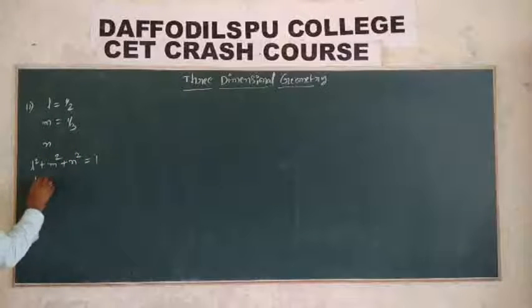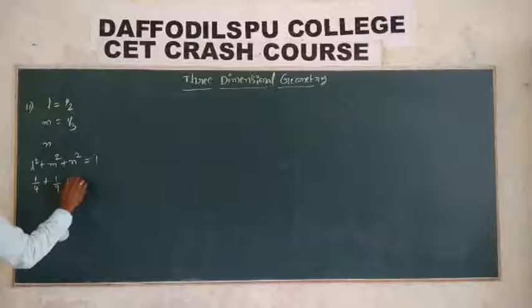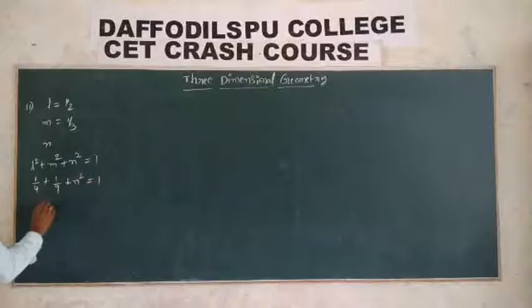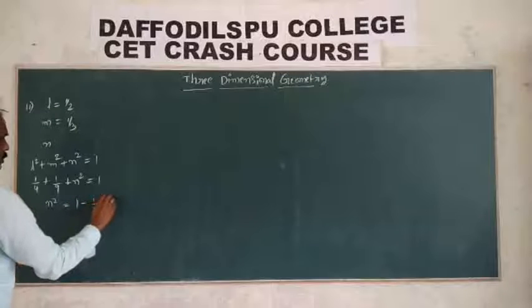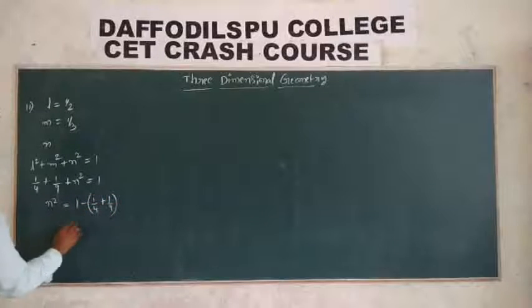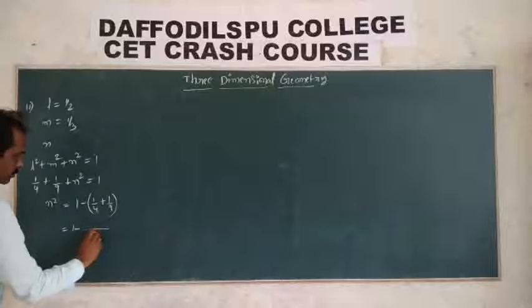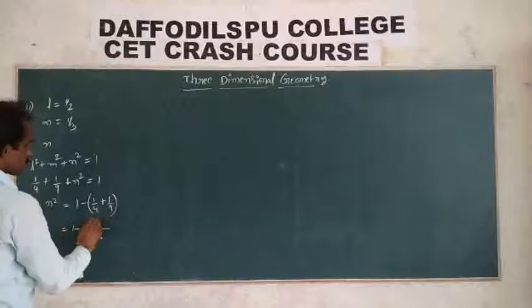So this is 1/4 plus 1/9 plus n square is equal to 1. n square is equal to 1 minus (1/4 plus 1/9). Check this one.